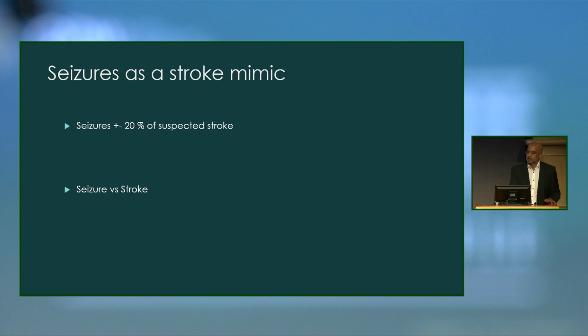Seizures occurring as a stroke mimic account for up to 1 in 5 patients. It's important to differentiate seizures from stroke and to timeously institute the appropriate therapy.